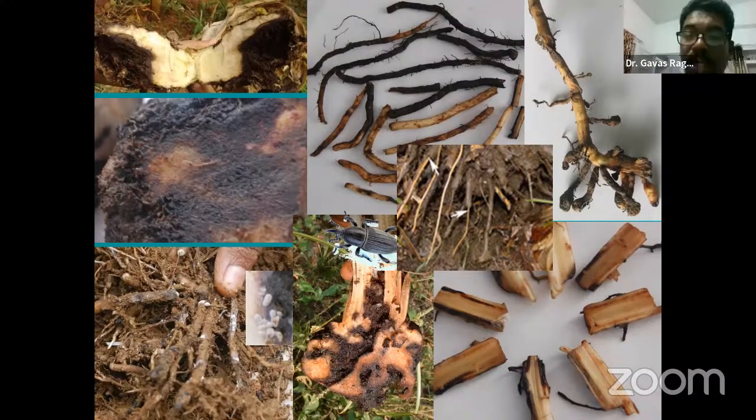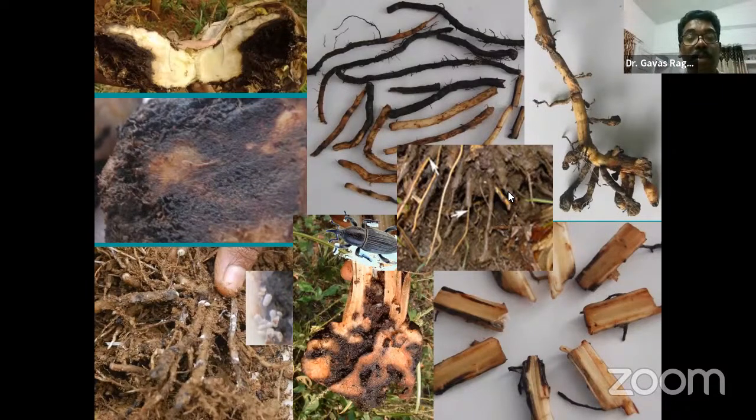Basically, we recommend the farmers drench the root surface, the rhizosphere, with Lecanicillium lecanii, an entomopathogenic fungus found very effective in managing root mealybug, at the rate of 20 gram per liter water. Profuse drenching should be given so that the EPF solution reaches all parts of the rhizosphere.